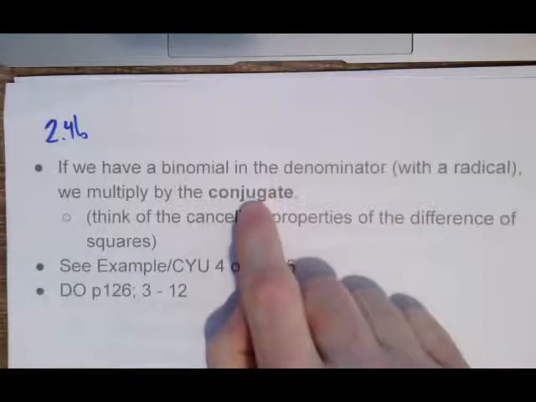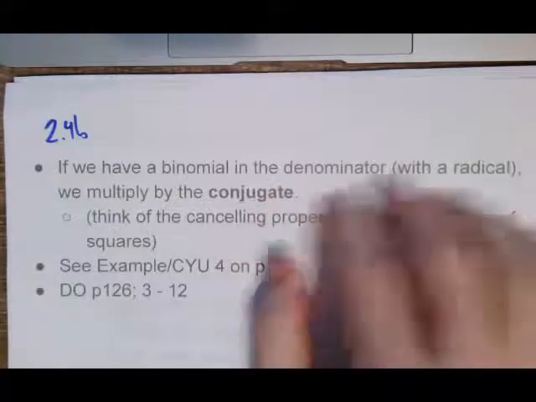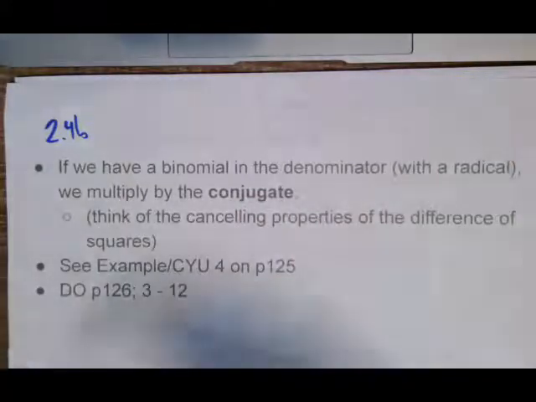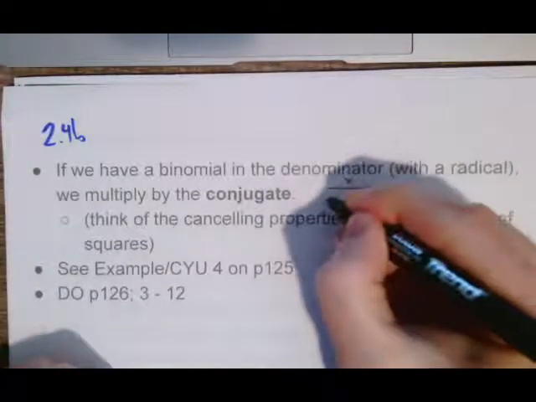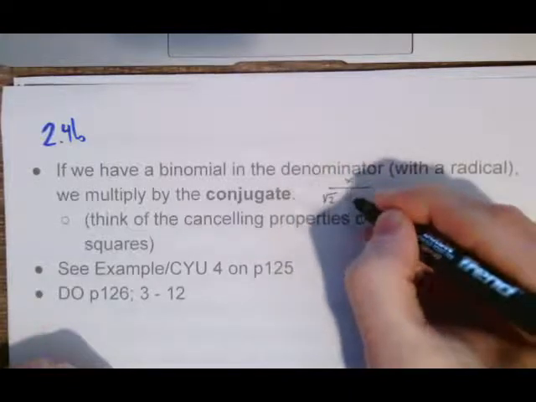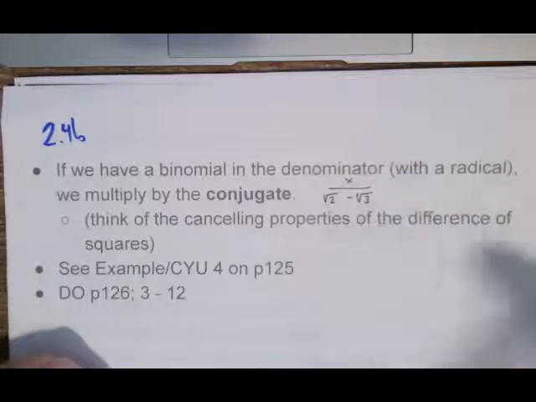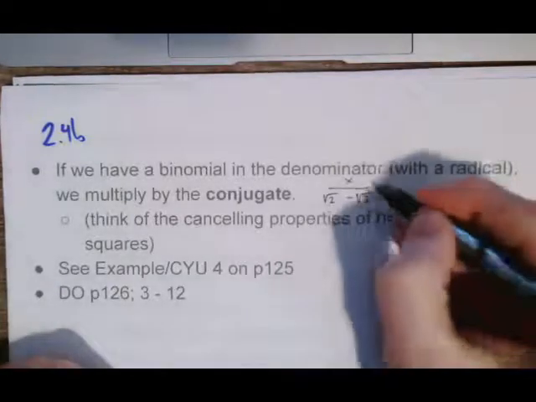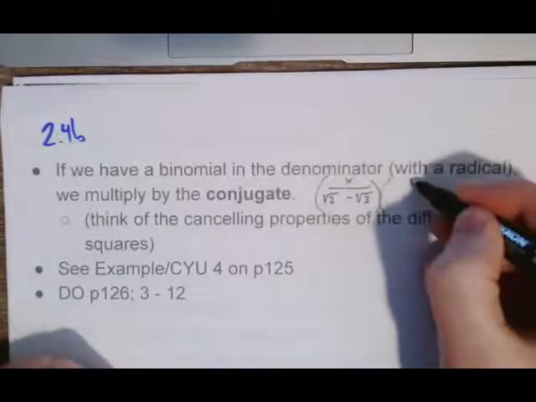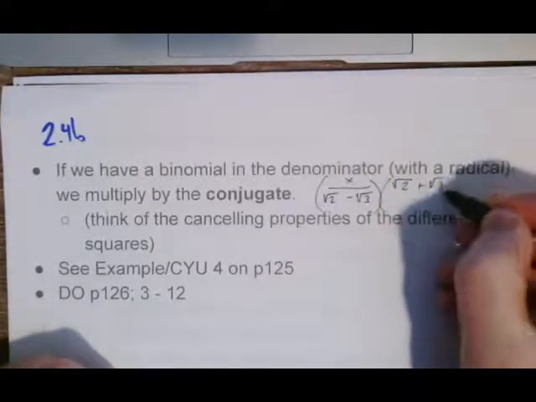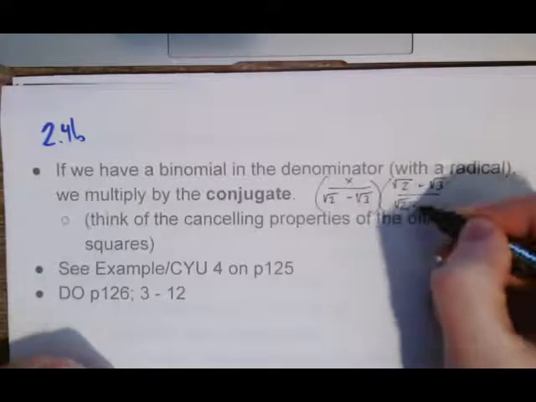This is a way to get the radicals out of the denominator when you've got something like x over root 2 minus root 3. You can't just multiply this by root 2. It won't work. You can't just multiply by root 3. Pre-teaching here, you have to multiply it by the conjugate, which is root 2 plus root 3.